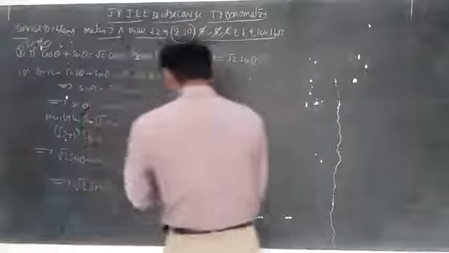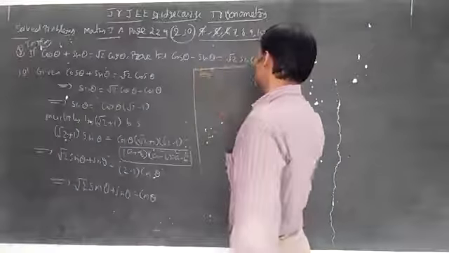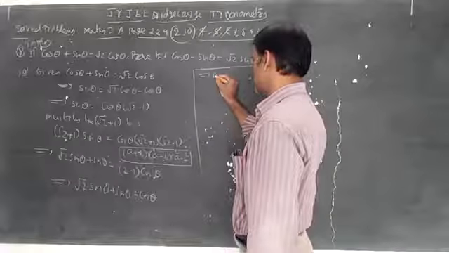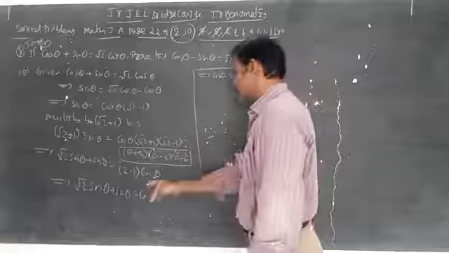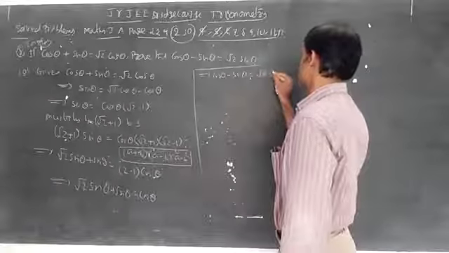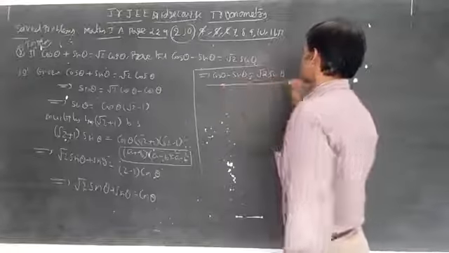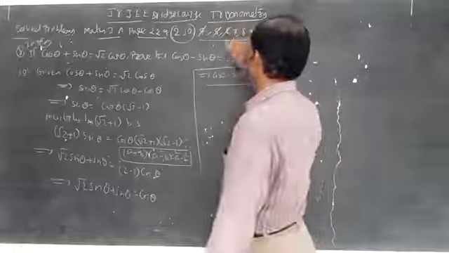Taking this sin theta to this side, simply we get cos theta minus sin theta is equal to root 2 sin theta.